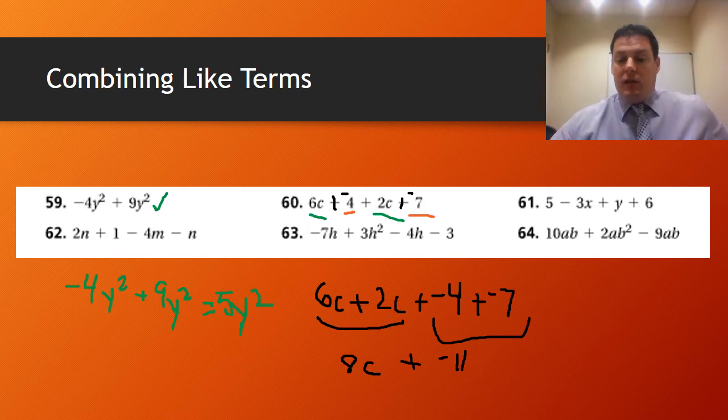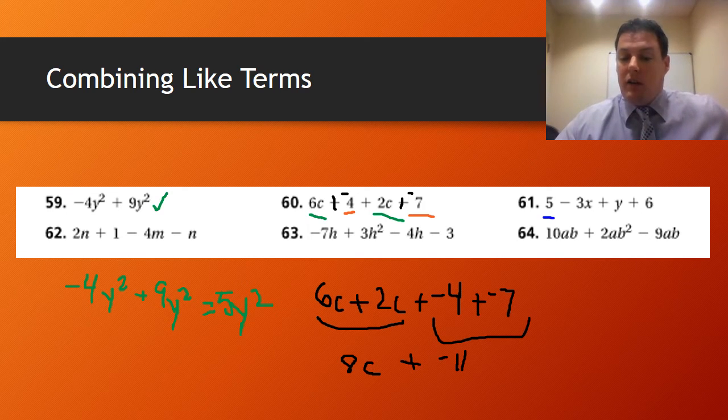Number 61, we have a couple different things going on here. We have two constants, an x, and a y. I want to change this sign, and then down here I'm going to rewrite it.